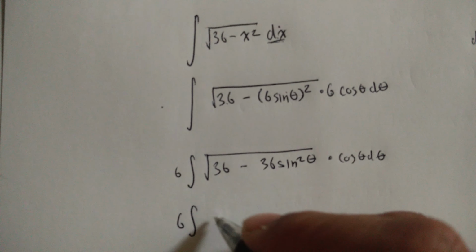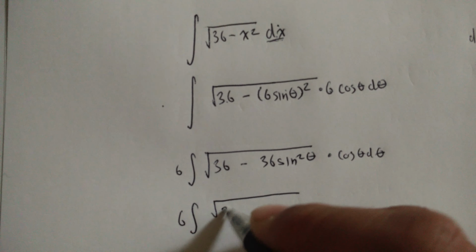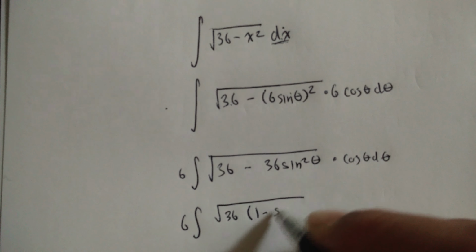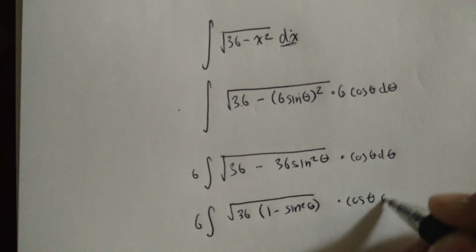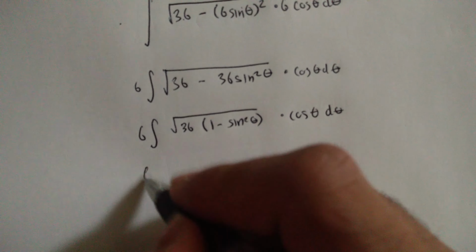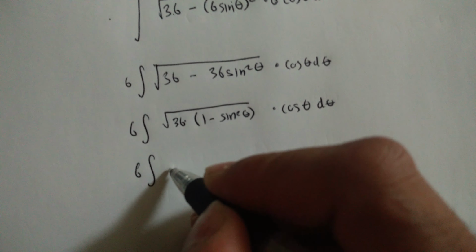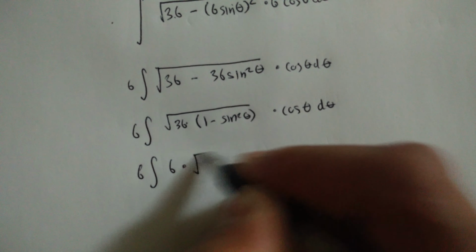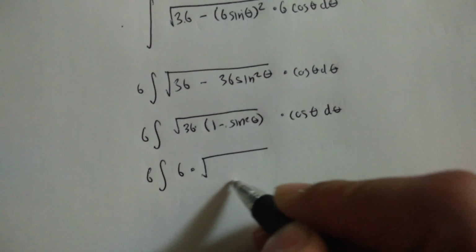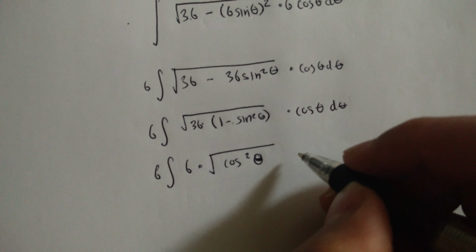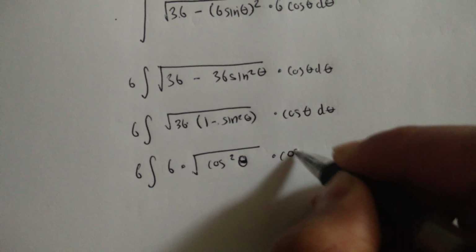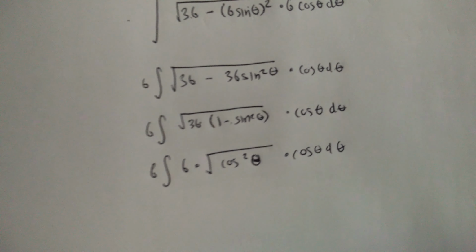Simplify it even more and you get 36 multiplied by 1 minus sine squared theta times cosine theta d theta. Going in further, take this 36 outside and you get 6 multiplied by 1 minus sine squared theta, which turns into cosine squared theta because of the trig identities. Multiply that by cos theta d theta.